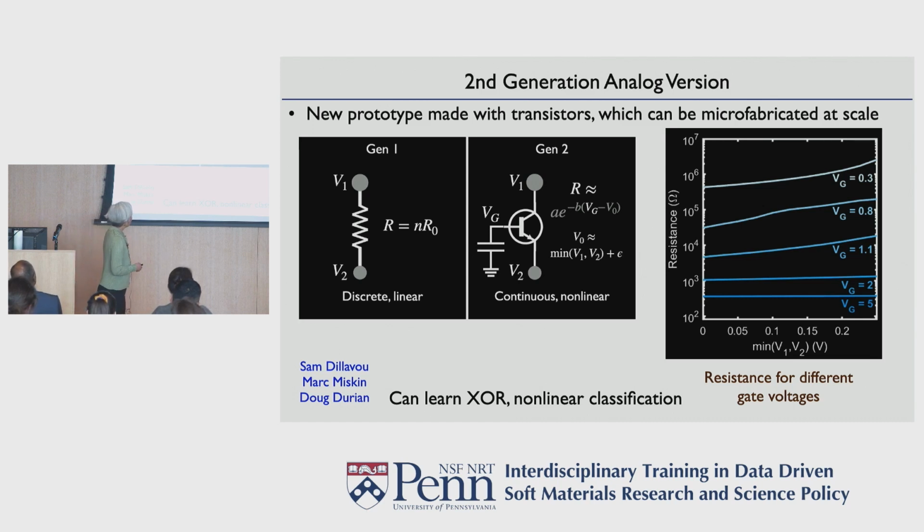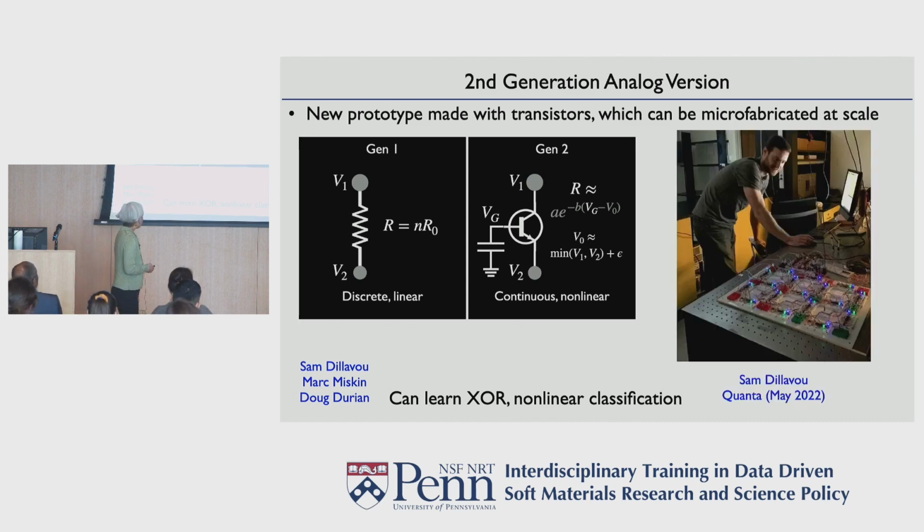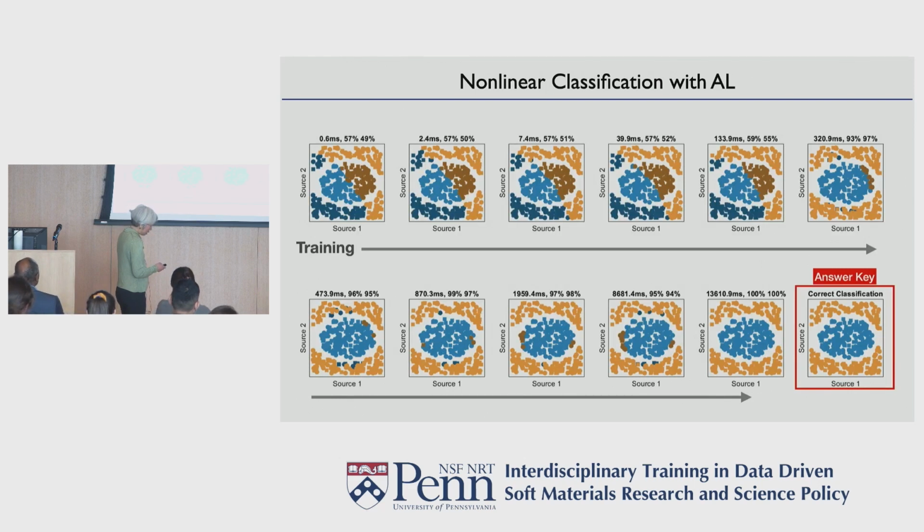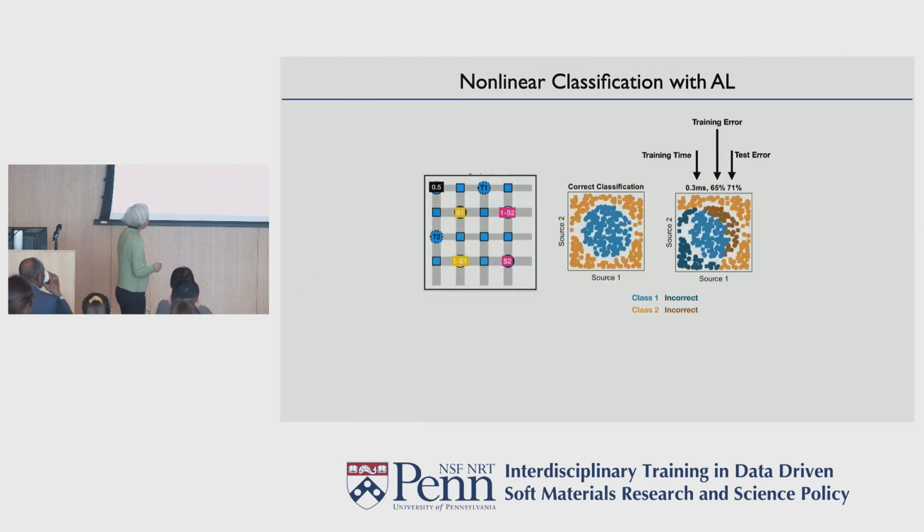There's a picture of Sam with the second generation prototype. Just to show you, here's a nonlinear classification task where you want to find out what's inside the circle, class 1, or outside.